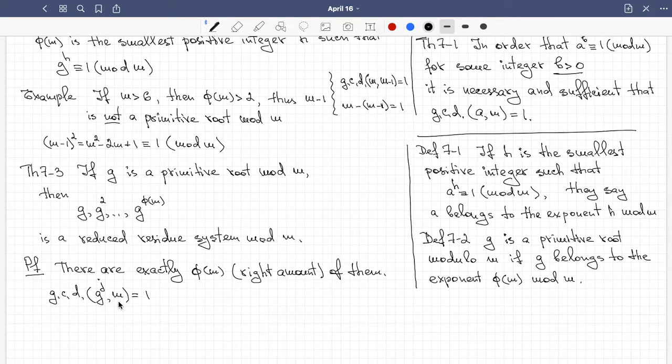Thus, G is relatively prime to M, so G shares no prime factors in common with M. A power of G has the same prime factors taken to different powers as G has, so it shares no prime factors with M. So they're still relatively prime. We have the correct number of elements. They all satisfy the prerequisite. Now we need to check that they are all distinct.